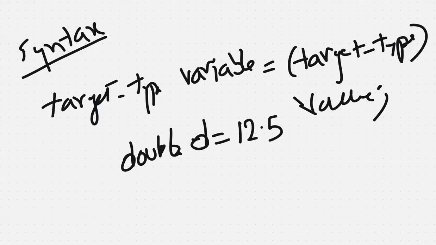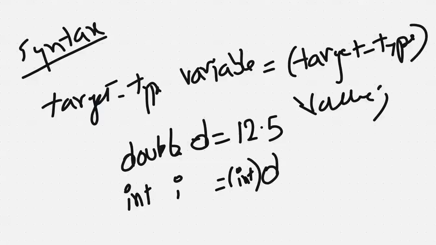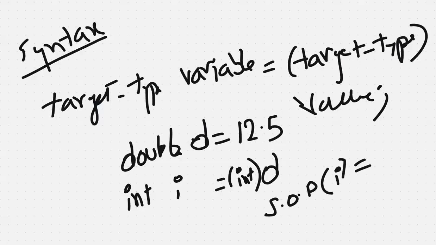Now I want to convert d to int. D is a double type, so it is converted explicitly like this. Now you can display it with System.out.println, calling i. The result will be 12 only. So this is data loss.